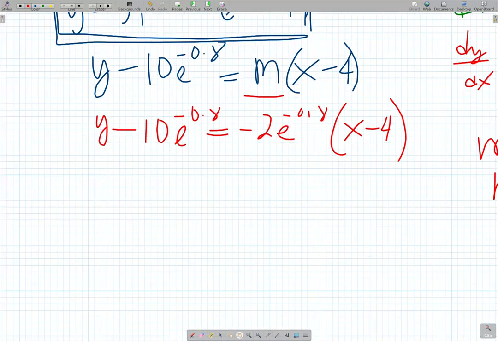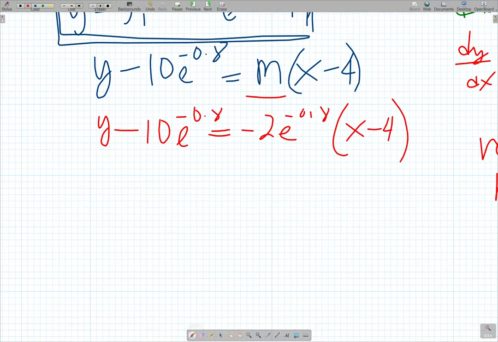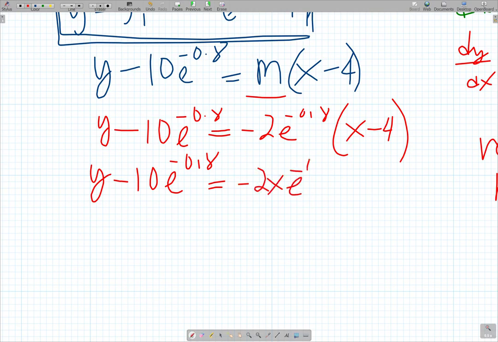We just simplify this one. Okay, so our y minus 10e to the negative 0.8 equals, so distribute, that is negative 2x e to the negative 0.8 plus 8e to the negative 0.8.